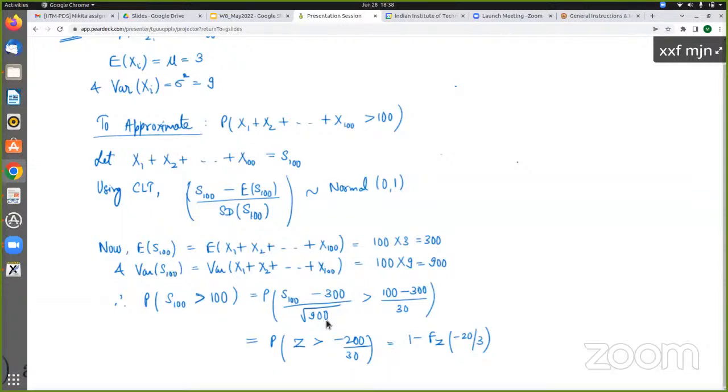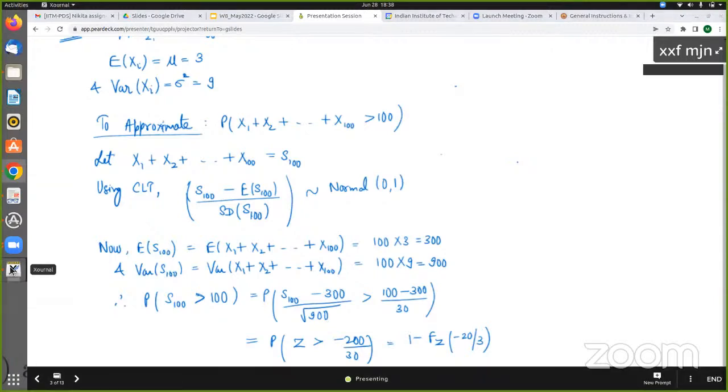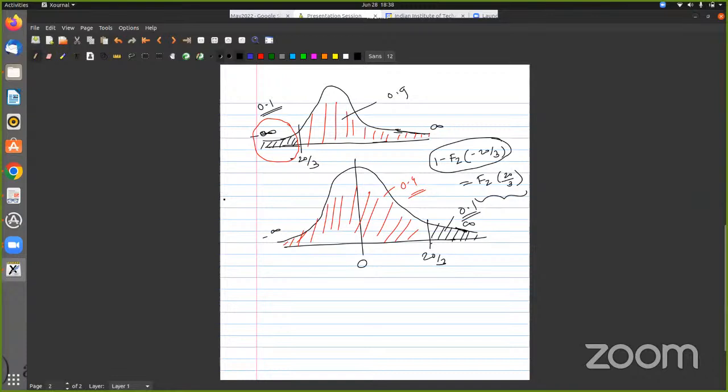Because in the formula it is delta square root n mu divided by sigma, right? Sigma root n. So this is your formula, right? I'm saying Y minus n mu divided by square root n sigma. First of all, we'll try to figure it out.